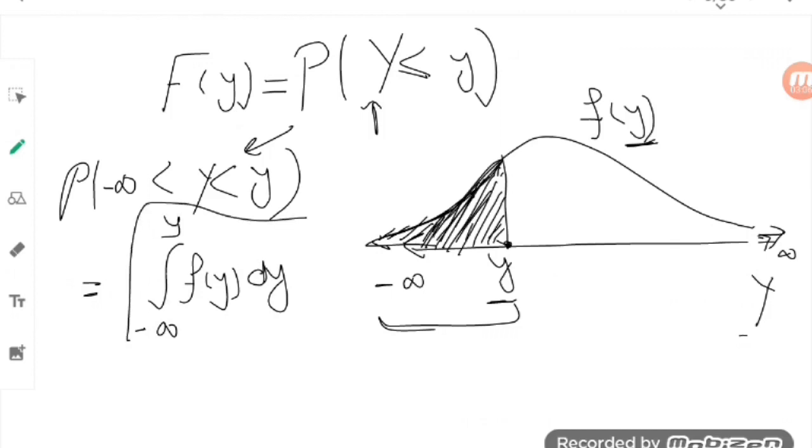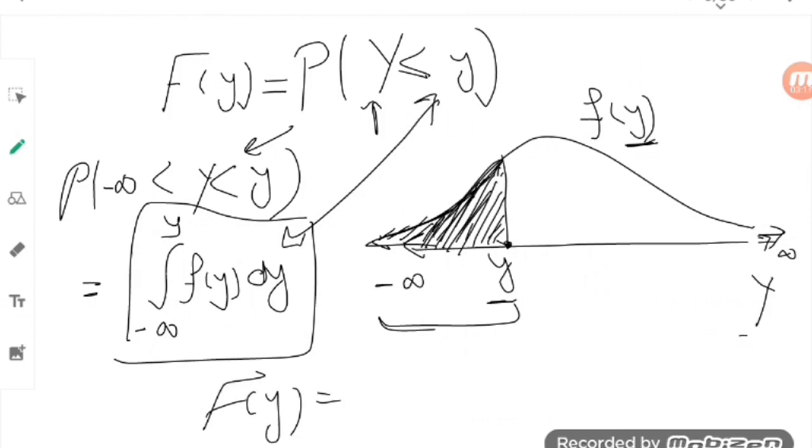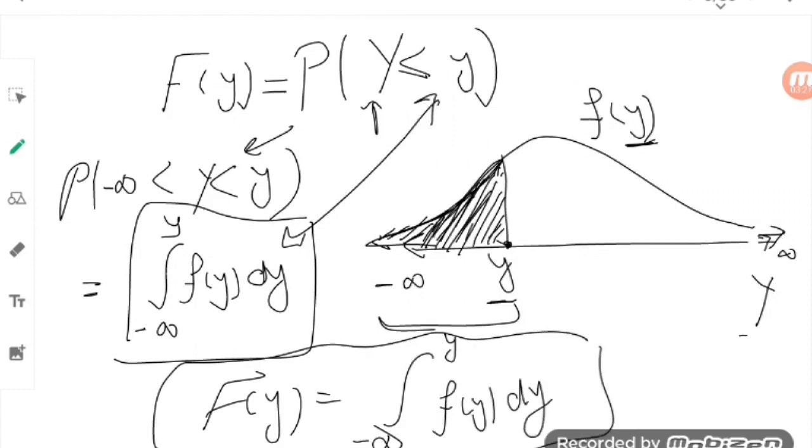This way, we define how to compute a probability statement using the PDF. So at the end, the capital F of y is defined by the integral from negative infinity to a certain value y of the PDF. That's why we are finding the probability that y takes value up to a certain value small y.